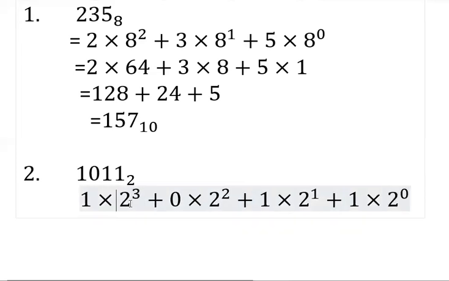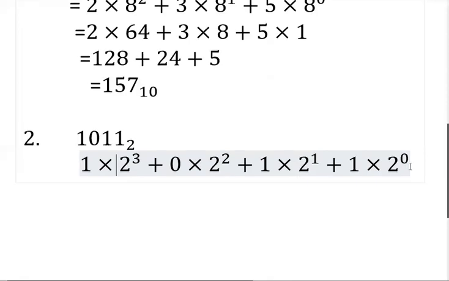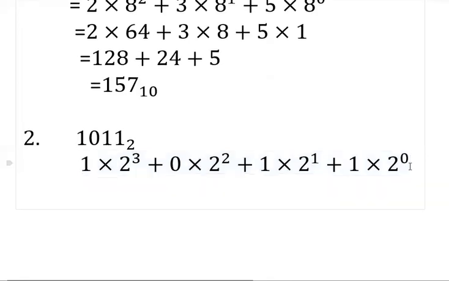So we can do away with this. Very good. So, like I said earlier on, because now we have a 4-digit number, 1, 0, 1, 1, you start the power with 0, 1, 2, 3. Because it's a 4-digit number, the power will hit at 3. So with this, you can now say the same method.